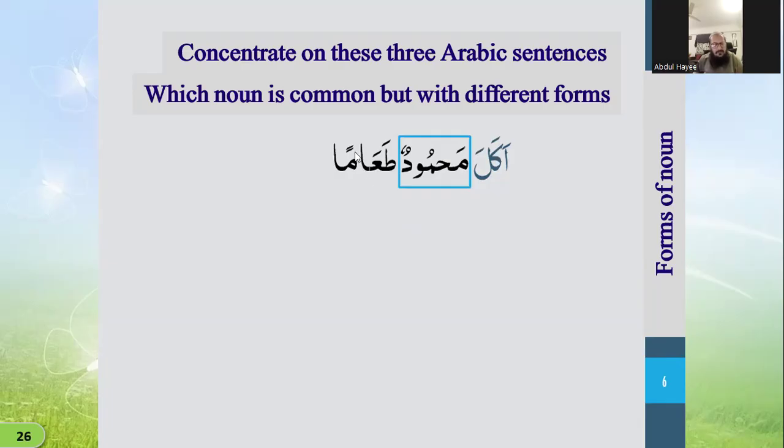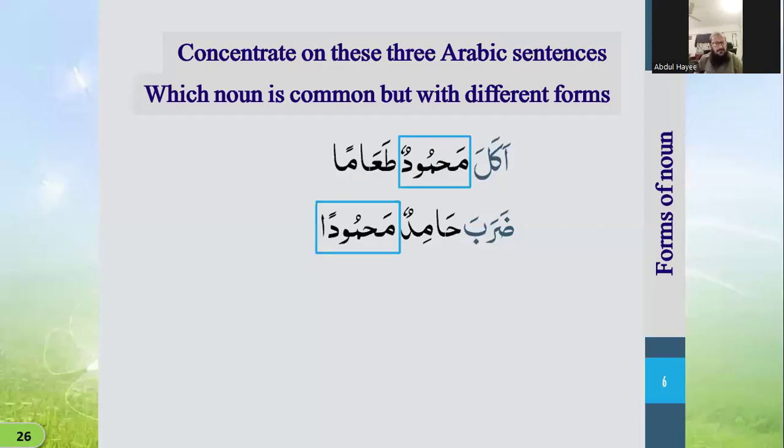Ta'am, because it's nas, mansub. Okay, second sentence. Daraba Hamidun Mahmud. Hamid hit Mahmud. So who is the fa'il? Hamid, because it's marfu, in the state of raf, having dhamma. Who is the maf'ul getting the effect? That is Mahmud, because it's mansub, in the state of nas.